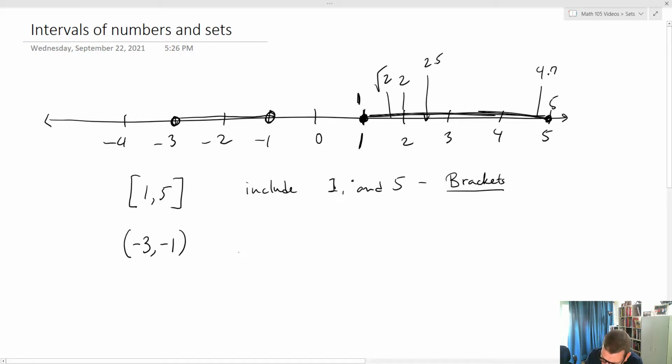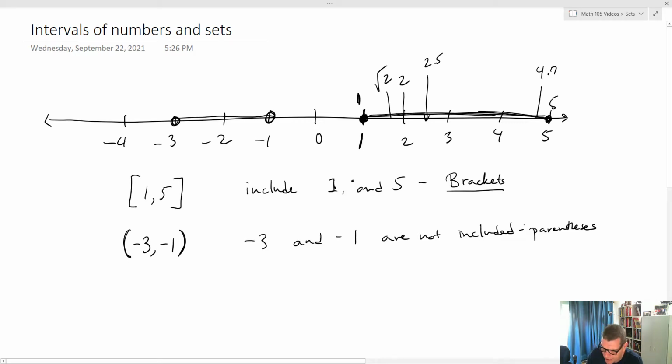They are not included, but everything else in between is. How we represent that is by utilizing parentheses.